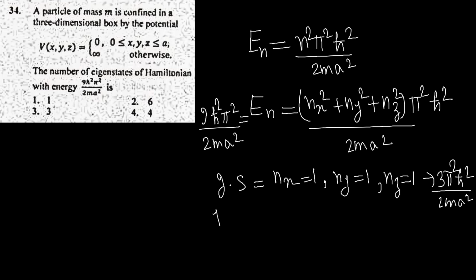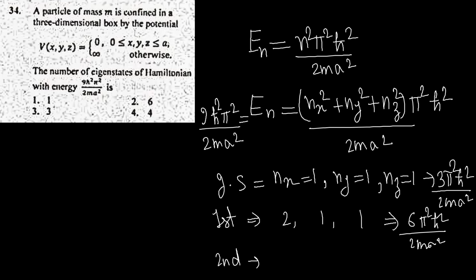Now the next energy state will be 2 1 1, and the energy will be 4 plus 1 plus 1, which is 6, so 6 pi square h cross square upon 2ma square. And the second excited state is 2 2 1. So 4 plus 4 plus 1 will be 9, so 9 pi square h cross square upon 2ma square.